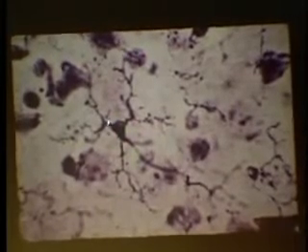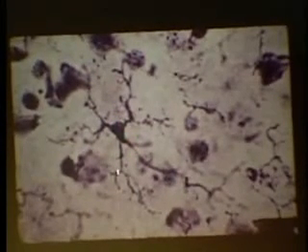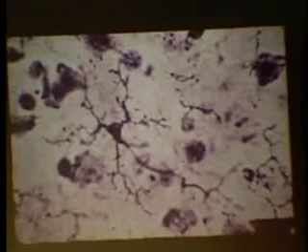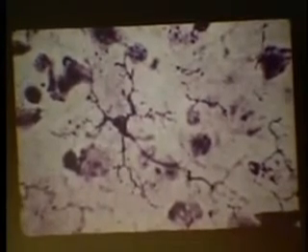The next one, what is it? No, but you're close. What does oligo mean? Few. So when you look at this cell, what do you see? Few what? No, glial cells don't have dendrites. What do glial cells have? If you weren't even in class, what would you call these?